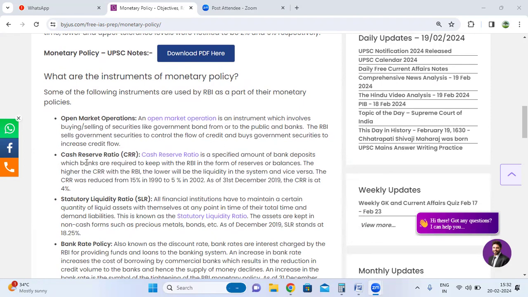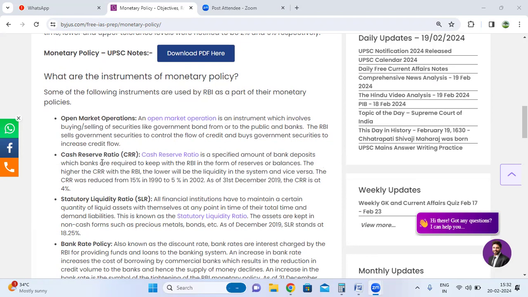The RBI sells government securities to control the flow of credit and buys government securities to increase the credit flow.